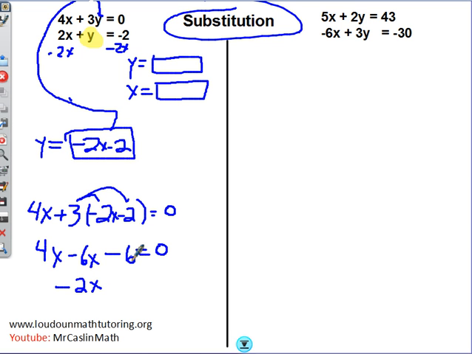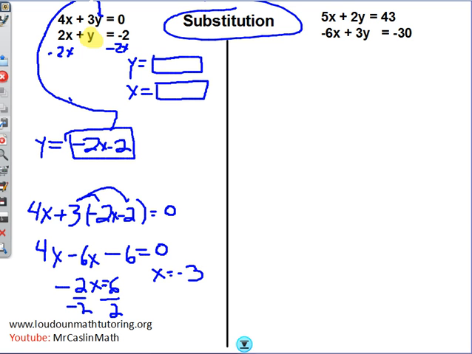To get rid of this negative 6, we're adding 6 to both sides. Adding 6 to both sides, it ends up as a positive 6 on this side. Divide by negative 2. Okay, so you get x is equal to negative 3.